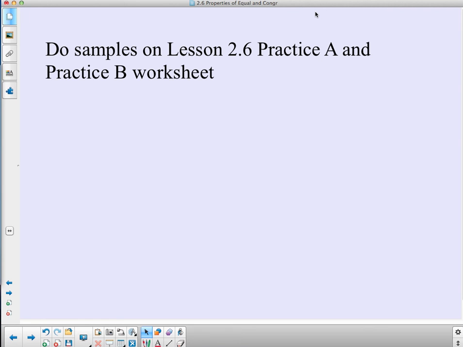Number 4, segment KL is congruent to segment KL. Number 5, angle 6 congruent to angle 5. And number 6, segment AB congruent to segment EF. All right? Okay, quite a few. First ones were D, E, C, F, A, B.